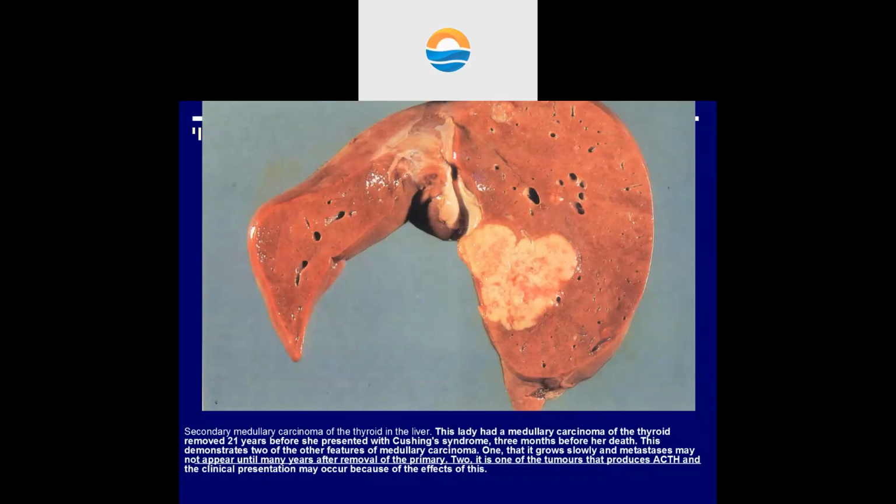One, it grows slowly and metastases may not appear until many years after removal of the primary tumor. Two, it is one of the tumors that produces ACTH, and the clinical presentation may occur because of the effects of this.